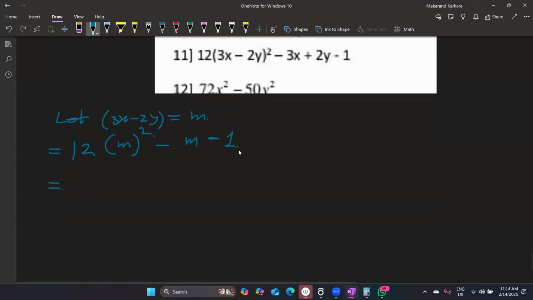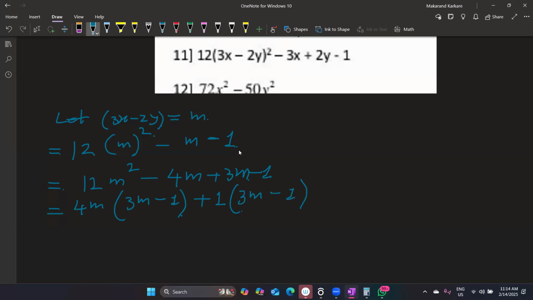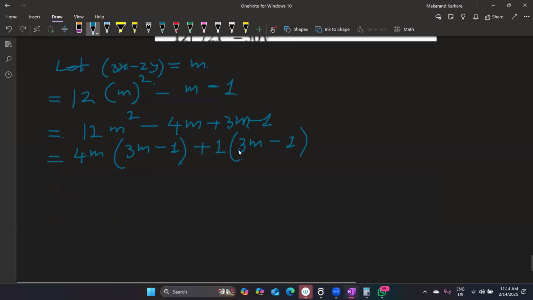Now factors of minus 12 which add up to minus 1, they are going to be minus 4 and plus 3. Yes. 12m square minus 4m plus 3m minus 1, which is going to be 4m common, 3m minus 1 plus 1, 3m minus 1, right?